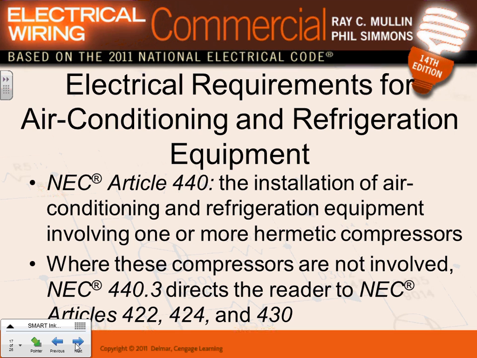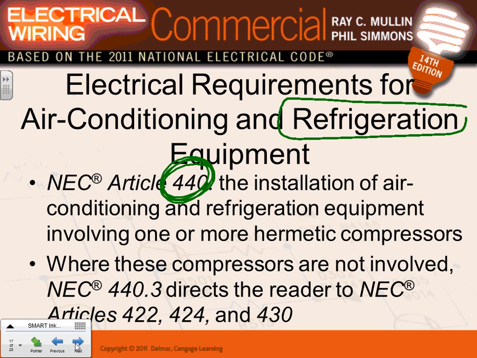Okay, now moving into our electrical part, guys. In the NEC code book, this is the article that talks about refrigerant. Anything that has a refrigeration cycle and a compressor, you are to use Article 440. The key point is that you have a hermetic compressor. Look at the installation of air conditioning and refrigeration equipment involving one or more hermetic compressors: you must use Article 440.